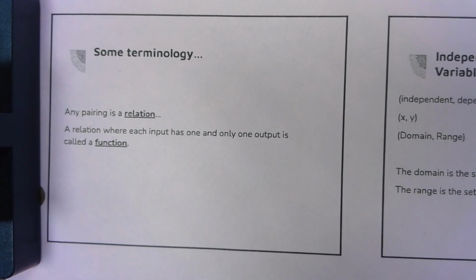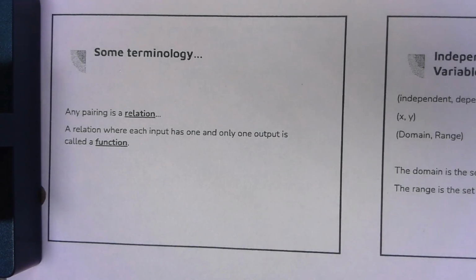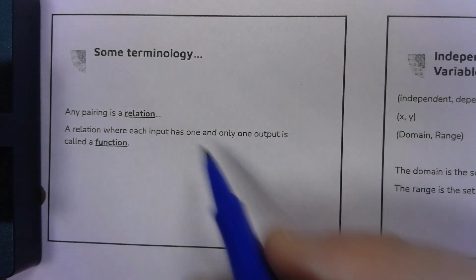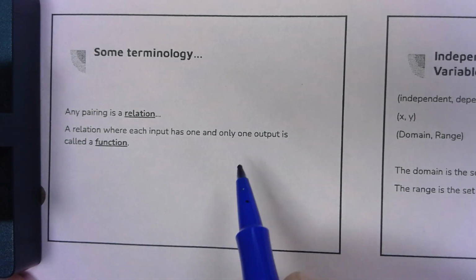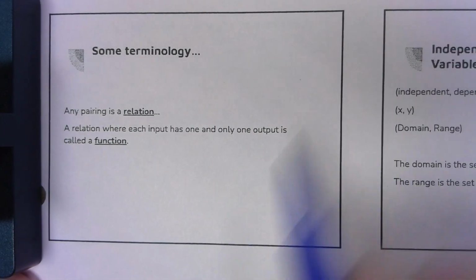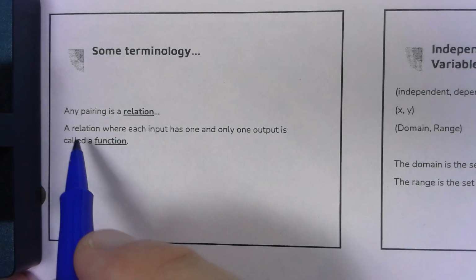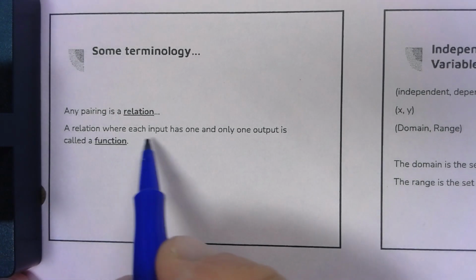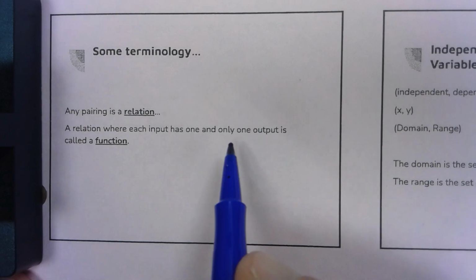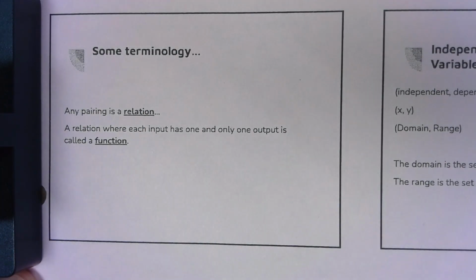Any pairing is simply a relation. An x and y combination, we'll call that a relation. The more specific relation we're referring to with the vending machine is a relationship where each input has one and only one output, and that is called a function.